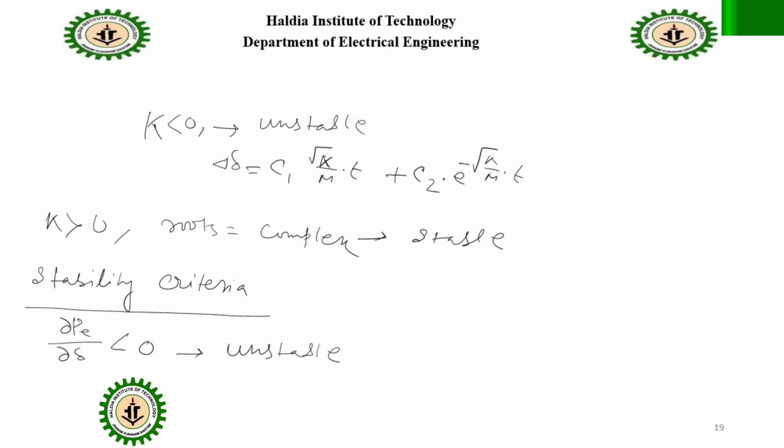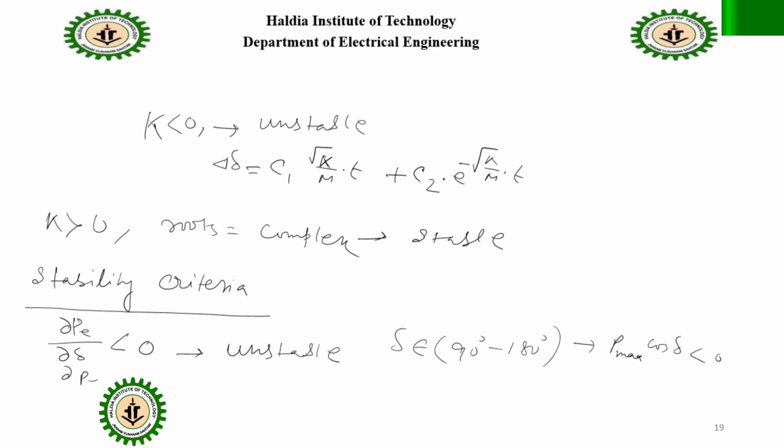That means δ belongs to 90 degree to 180 degree, that means Pmax cos δ less than 0.